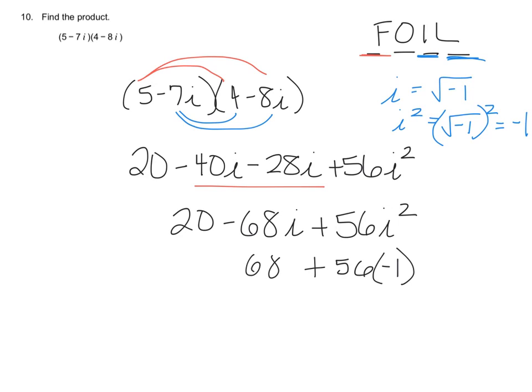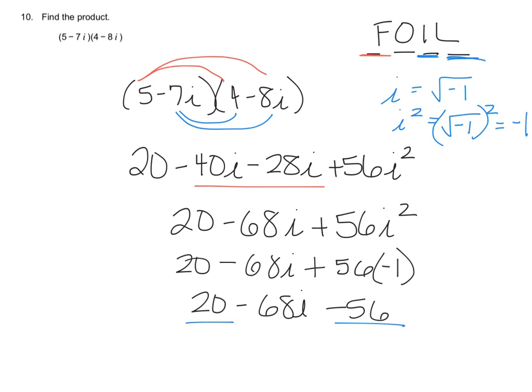And then I can further simplify this whole expression. So 56 times negative 1 is negative 56. So this becomes a minus 56. And now I can combine like terms by combining the 20 and the negative 56.